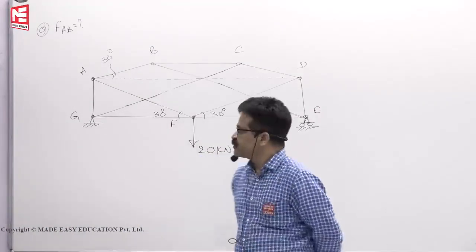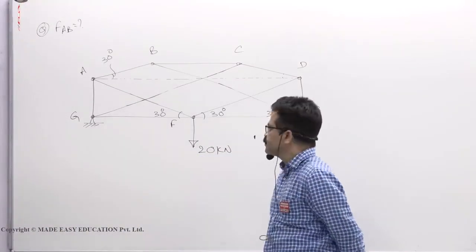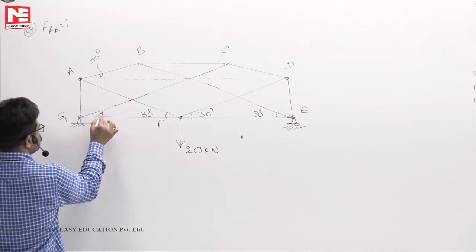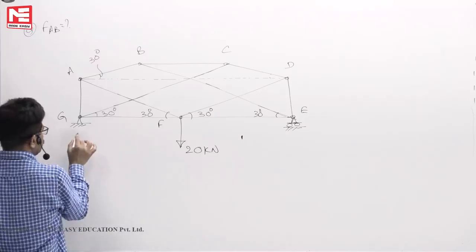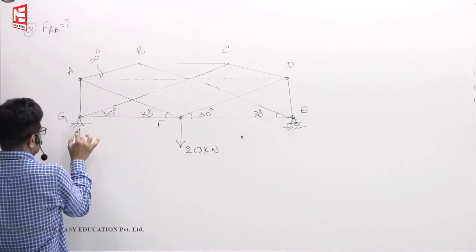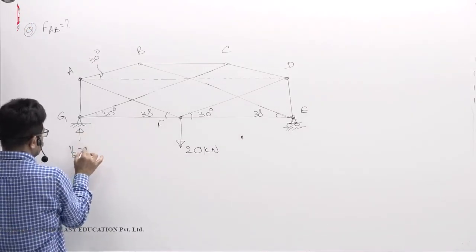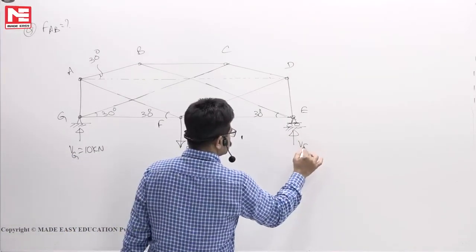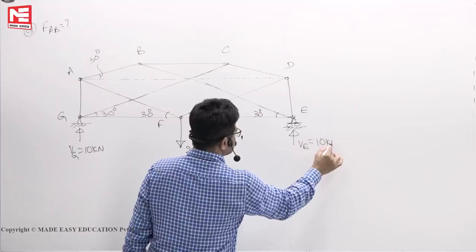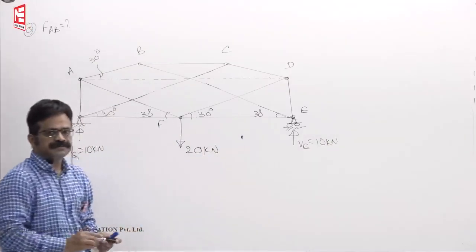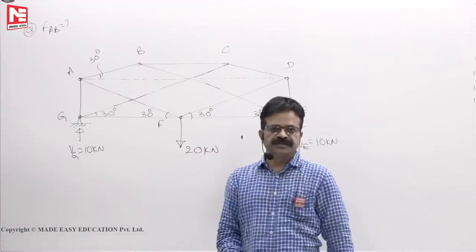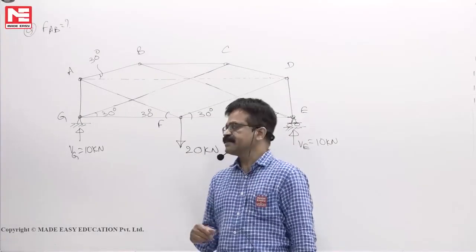Now, first task is to find the support reactions. Since 30, 30 everything was given, this is also 30 degrees. Structure, loading are symmetrical. So, Vg you will get 10 kilonewton. Now, when you want to find force in member AB, you can use method of joints or method of sections, let us say.